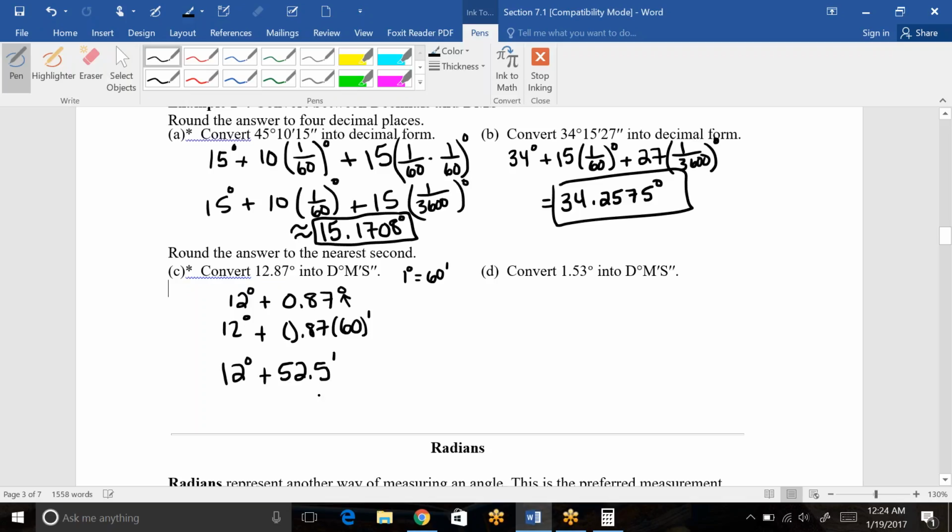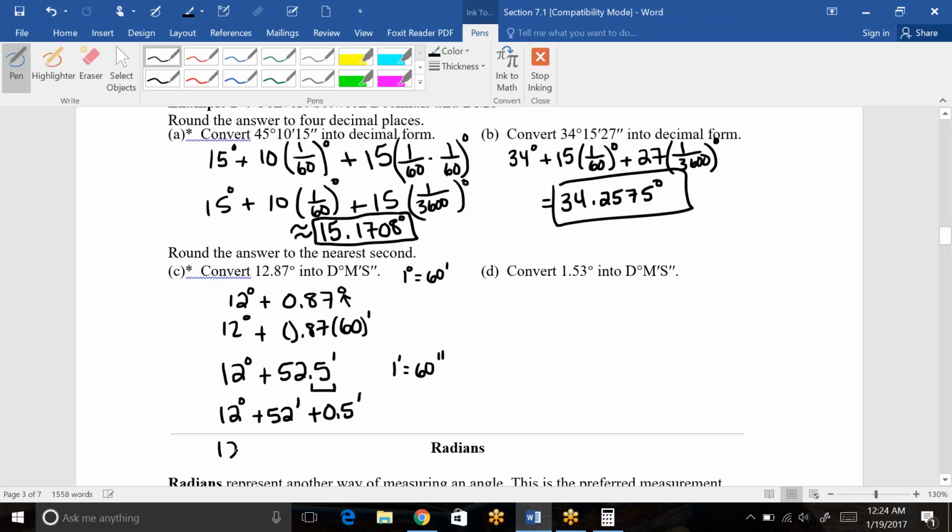So that's our minutes. Notice that this did not come out even. So now we're going to separate this and try to turn it into seconds. So this is 0.5 minutes. Remember, a minute is 60 seconds.